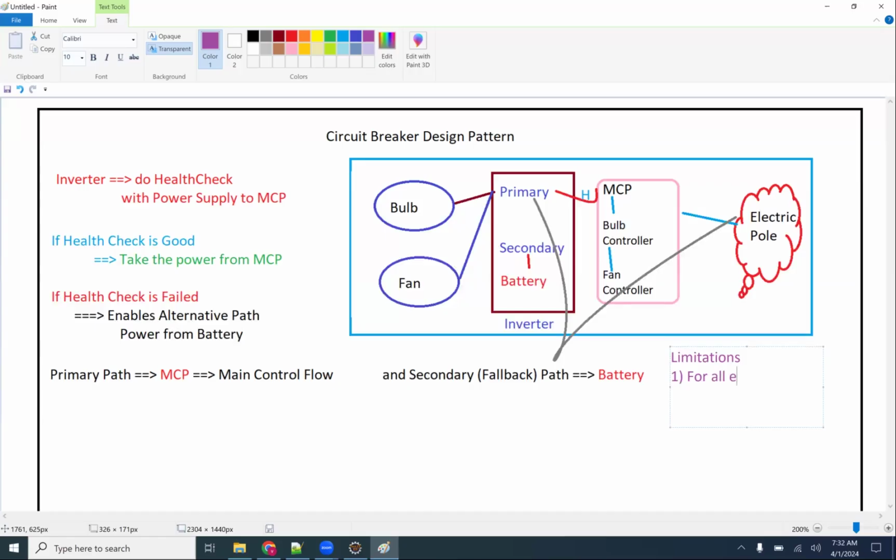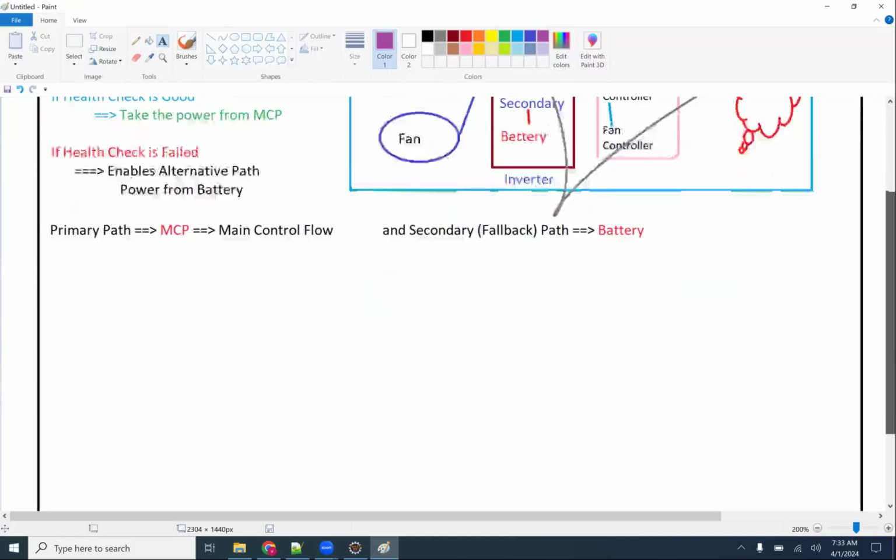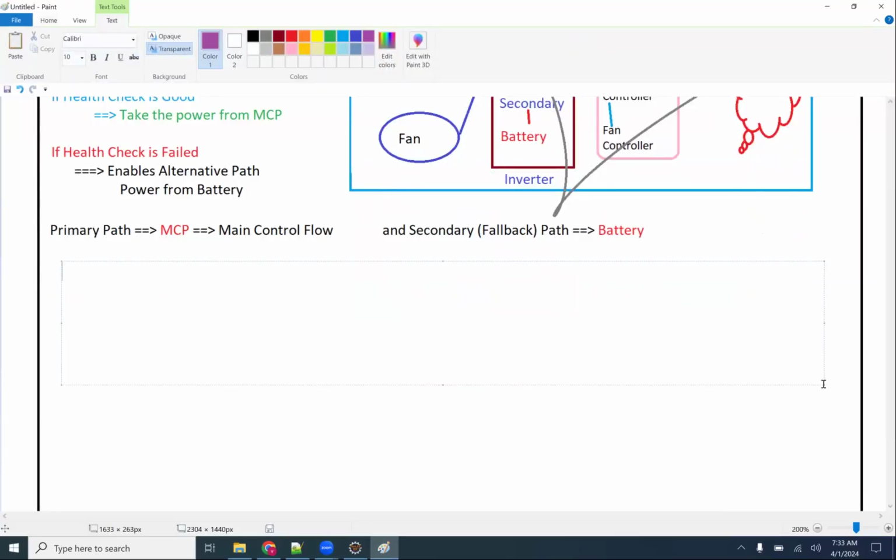For all electrical equipment, can I apply it? Or else I can say, I can apply it to low power consumption points only. Is that correct? Can I apply my inverter to an AC? Can I apply my inverter to a geyser?